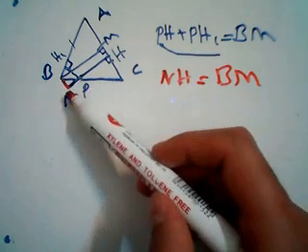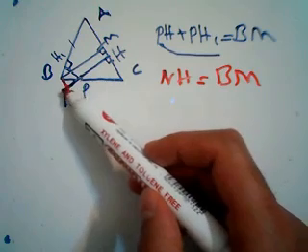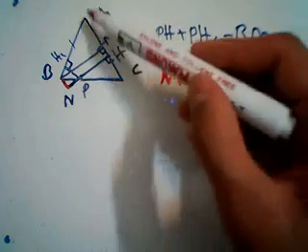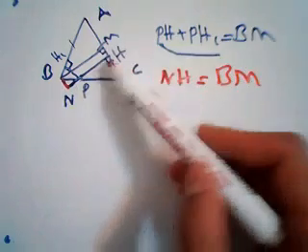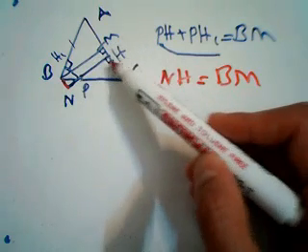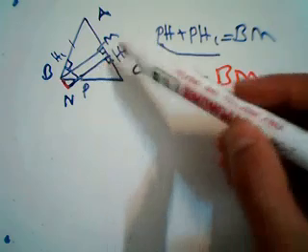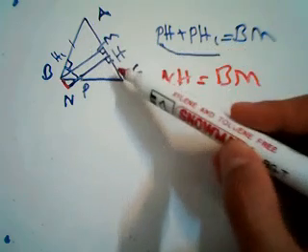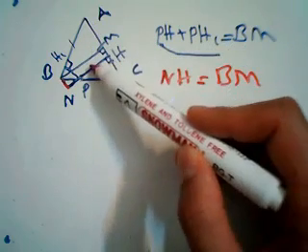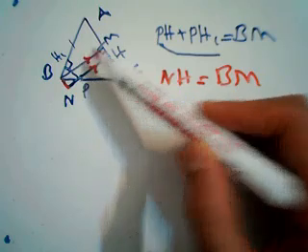Now, here we have two lines which make equal angles with AC. Then these two should be parallel.